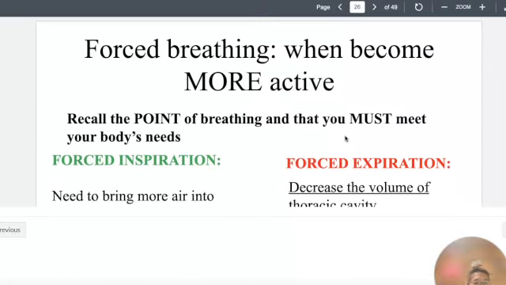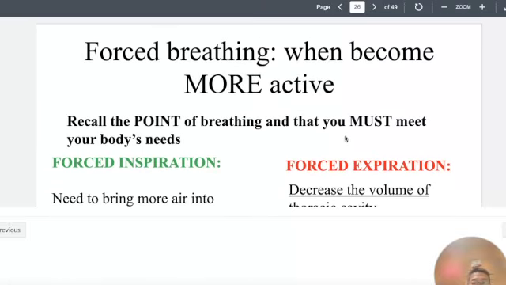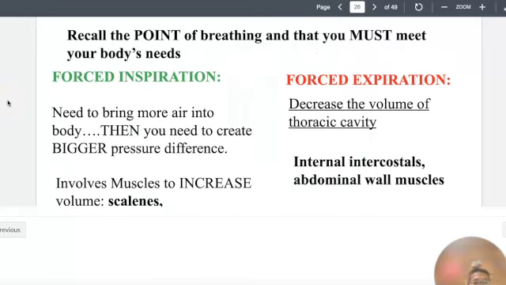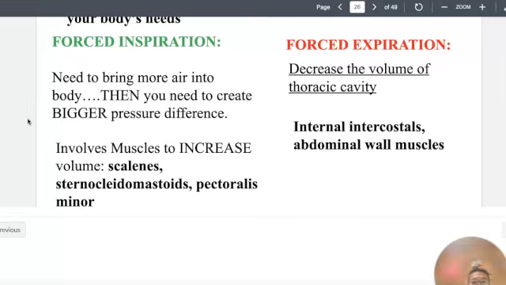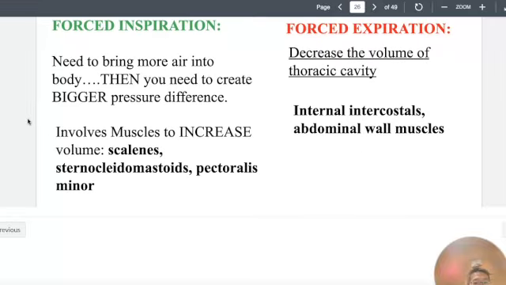Forced breathing. When you exercise and you need more air, you will have forced inspiration. You're going to need to breathe more, so you're going to recruit other muscles. Some of these include the scalenes, the SCM, if you remember, and the pec minor.